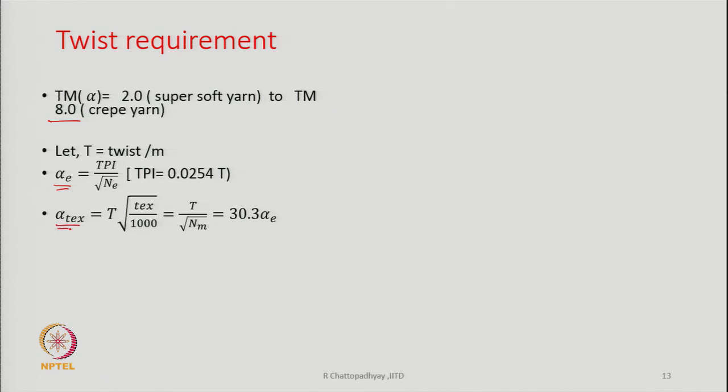Twist factor in Tex system is T into root over Tex by 1000, and T by root over Nm is also the twist multiplier. So, alpha indicates twist multiplier and the subscript indicates the counting system we are using.